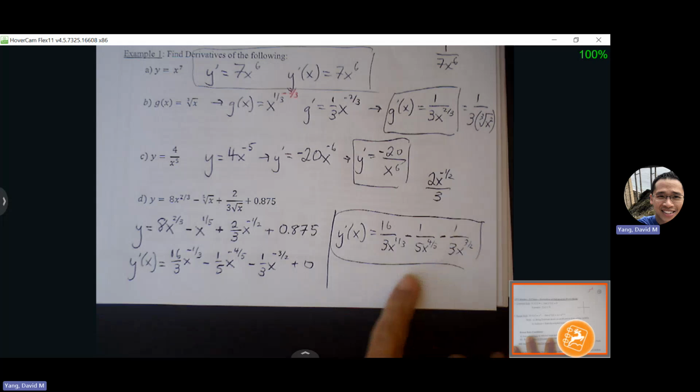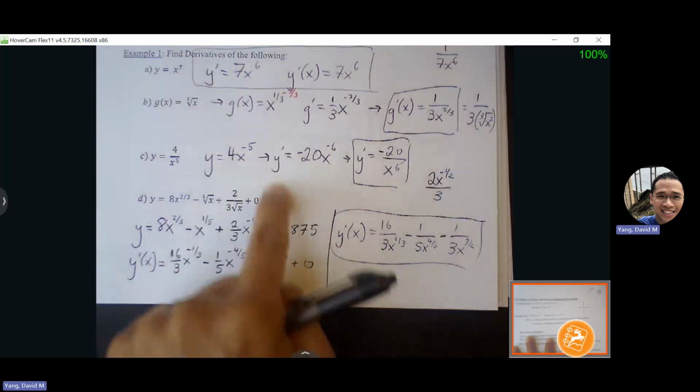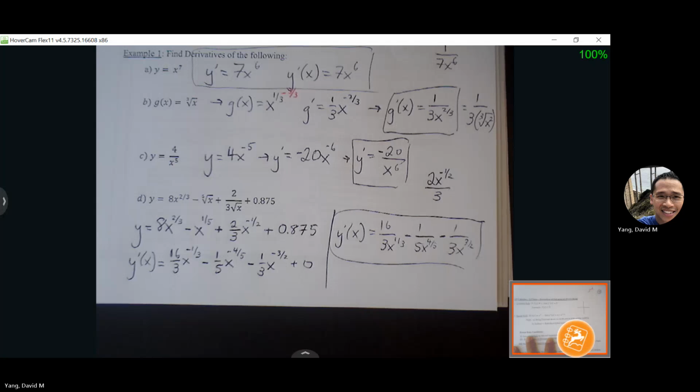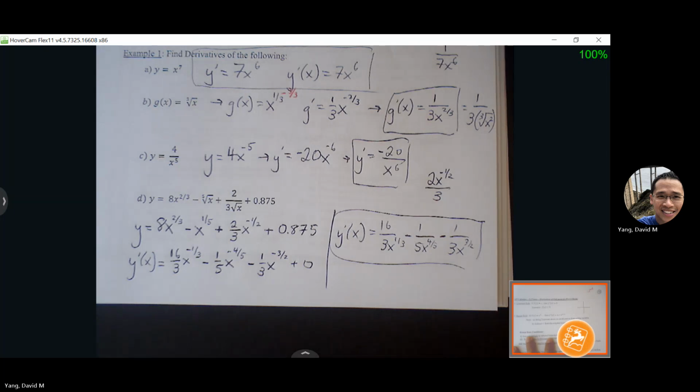It is just describing the slope behavior of what your original graph looks like. Okay, next page.